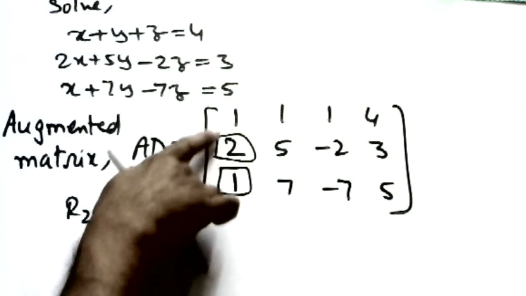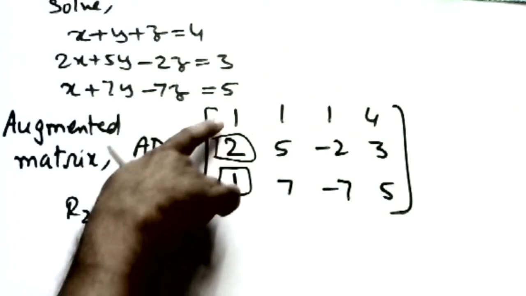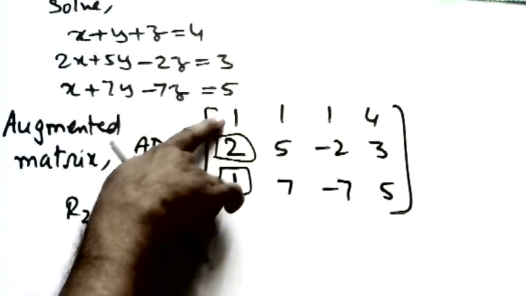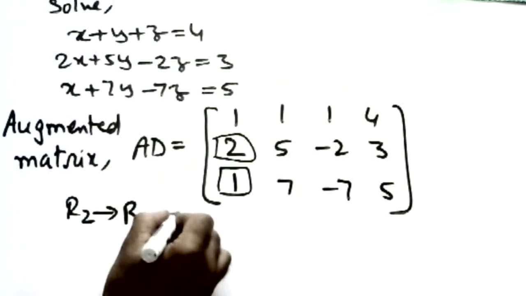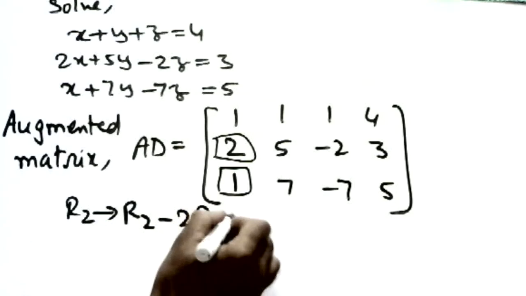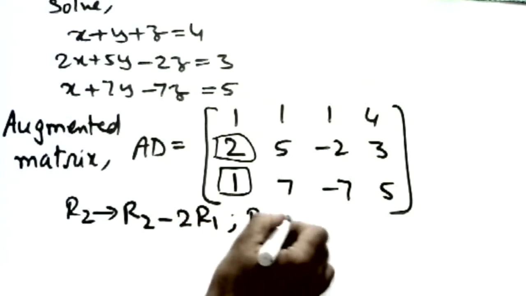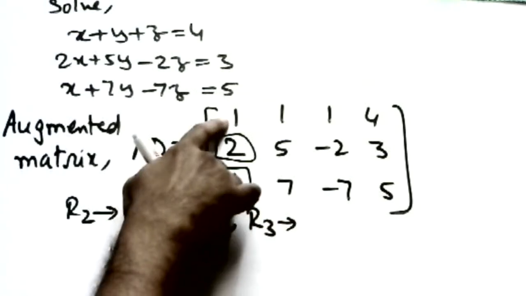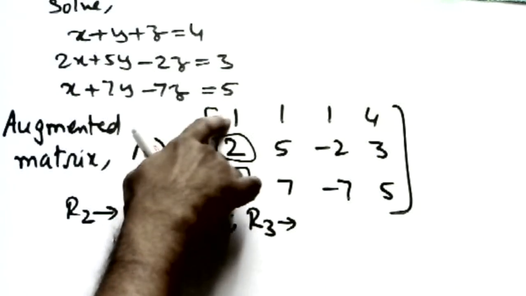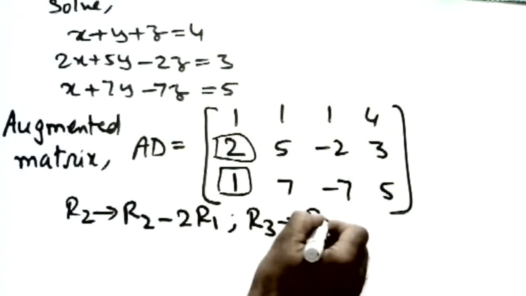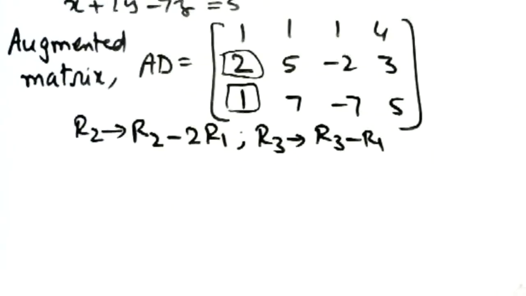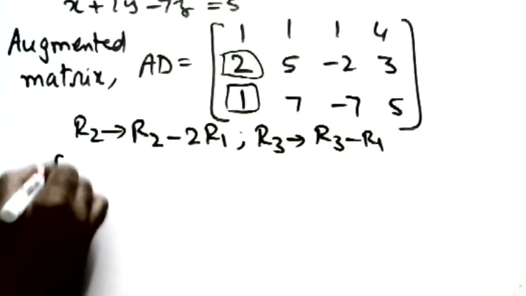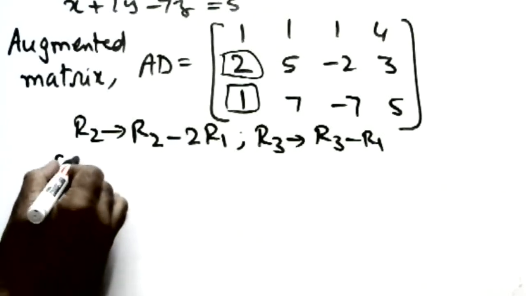So let me make this 0. This is R2, and this is 2, no? So multiply R1 with 2: 2 minus 2 will become 0. Therefore R2 implies R2 minus 2 R1. Now for R3, this is 1 and this is 1, so 1 minus 1 will be 0. So R3 implies R3 minus R1. Let me write the equivalent form.